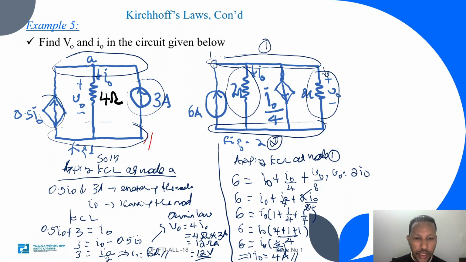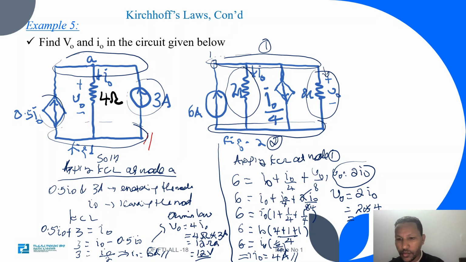Just by applying Ohm's law and KCL, now let's consider from this expression V naught, which is equal to twice I naught.